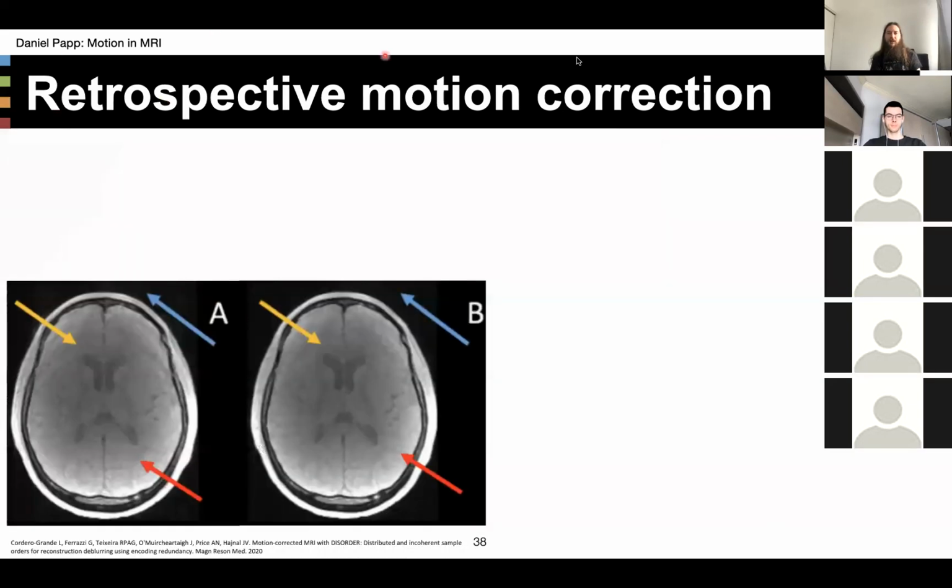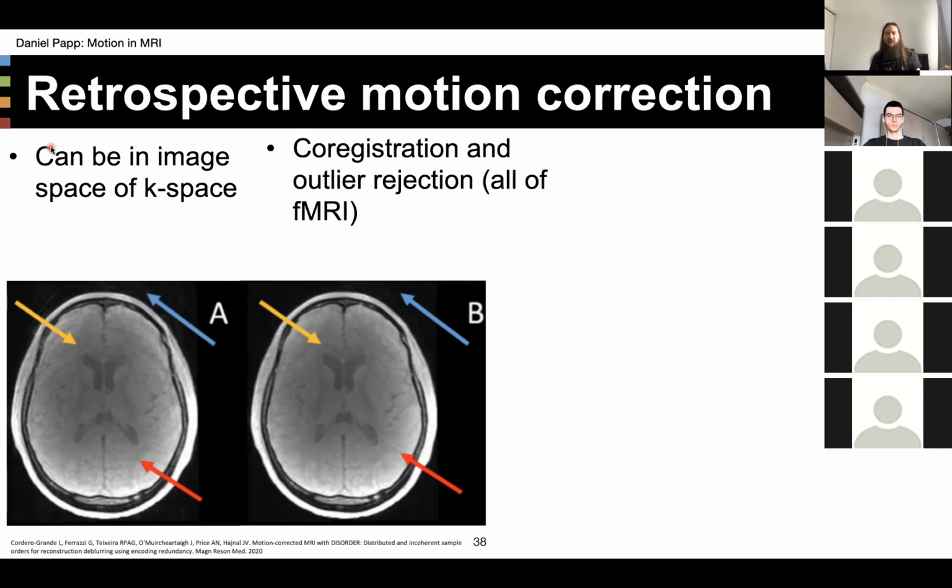Or you can do something retrospectively, in which case you have your data, you have your motion trajectory, and then you do something afterwards with it. You can do this in k-space or in image space. And one way to think about retrospective motion correction is that the co-registration and outlier rejection that you do for basically all of fMRI is retrospective motion correction.